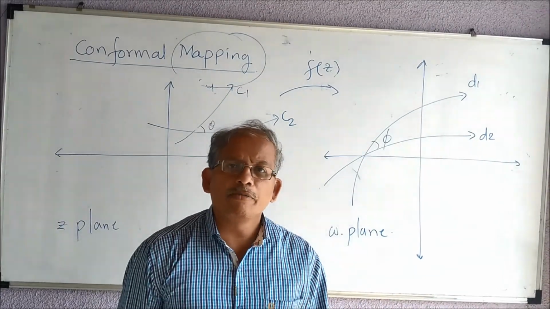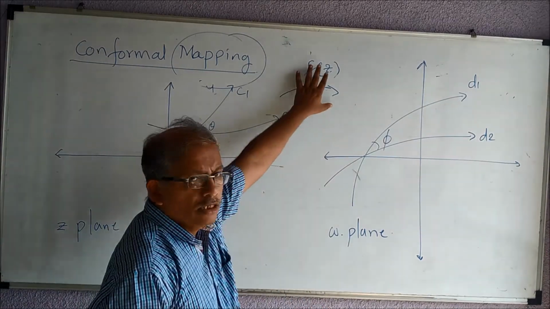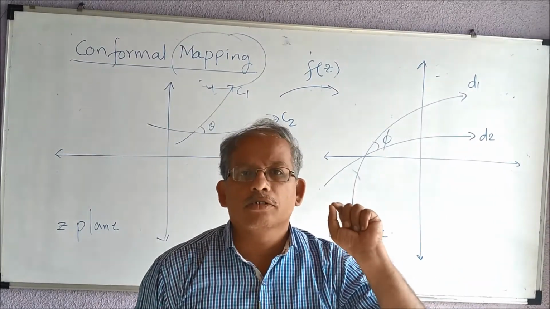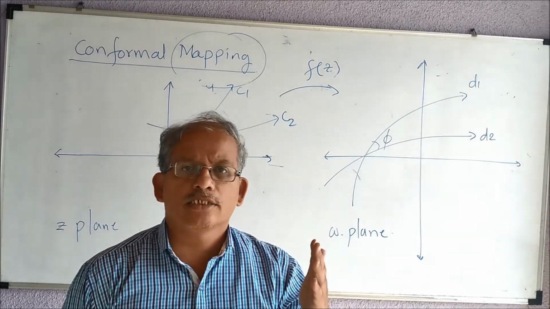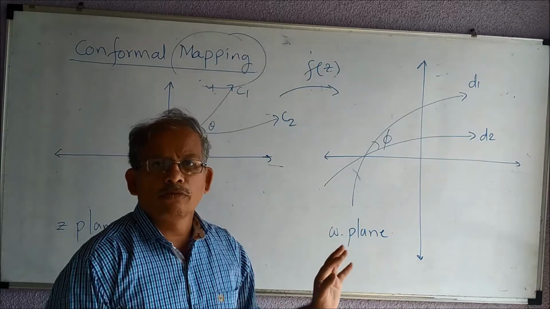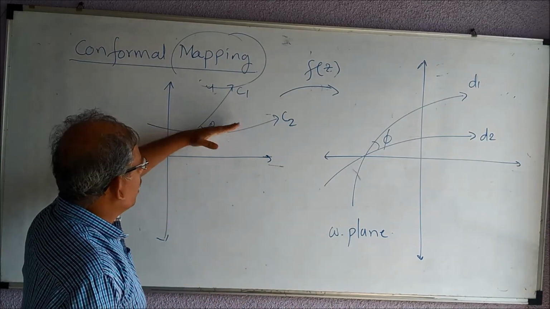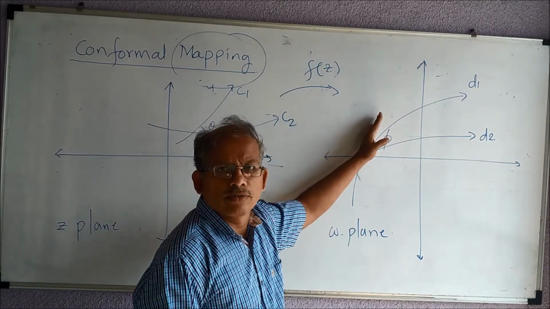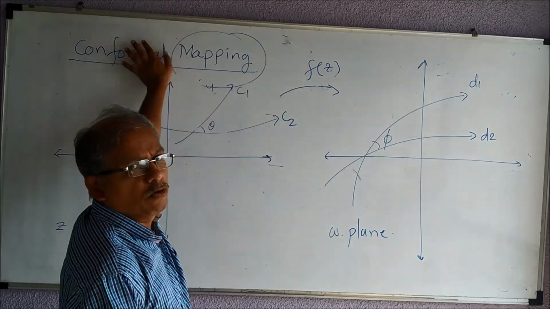Okay, if the angle between the two intersecting curves remains unchanged in the magnitude, that means the amount of the angle, and in the sense, that means in clockwise or anti-clockwise sense. So that sense also remains constant. Okay, so if this angle is anti-clockwise theta degrees, then the same angle we will get over here, provided the mapping f(z) is conformal.